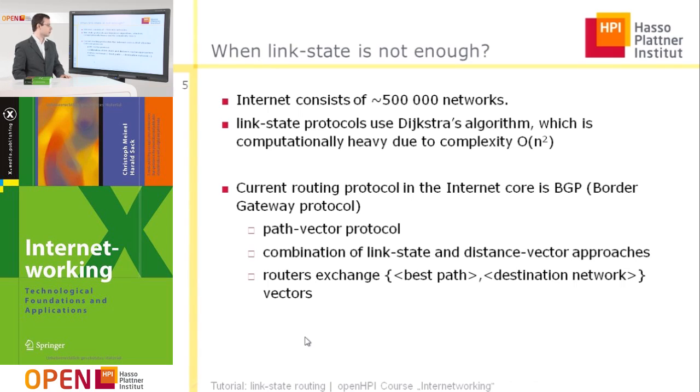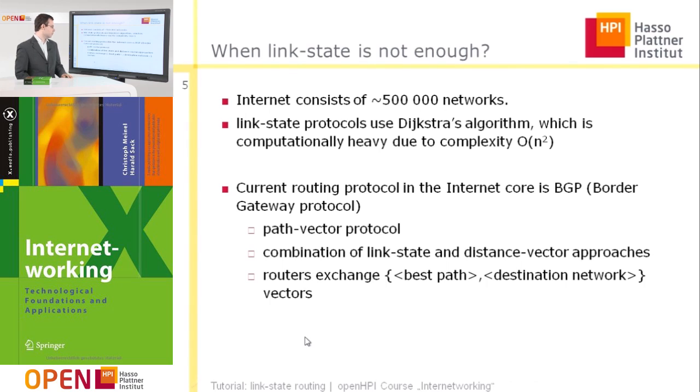That's why currently the routing protocol which is used in the Internet core is Border Gateway Protocol, which is a path vector protocol, and it combines the link state and distance vector approaches. Instead of exchanging the distances for the destination network, it exchanges the best paths for the destination networks.